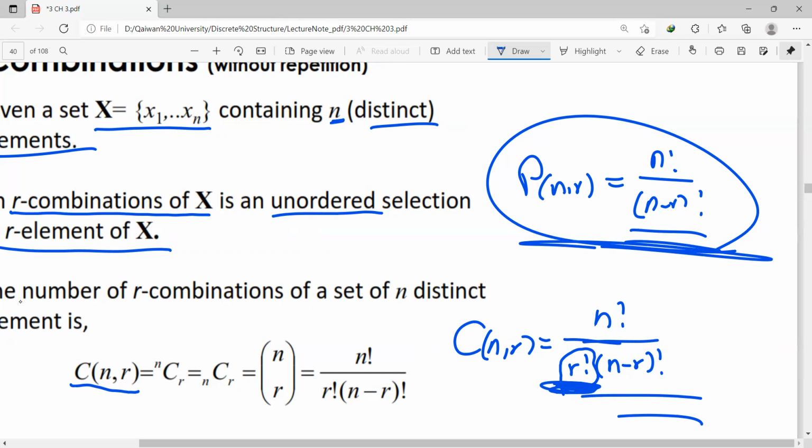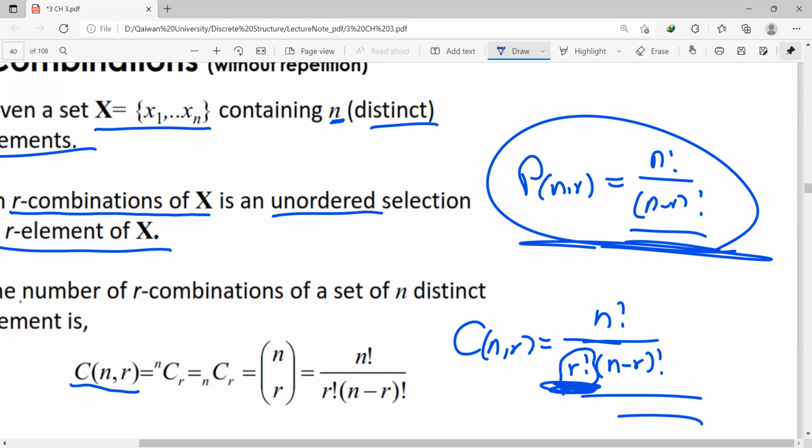If you memorize one of them, you can write down the other. If you memorize the permutation, divide it by R factorial, and you get combination.